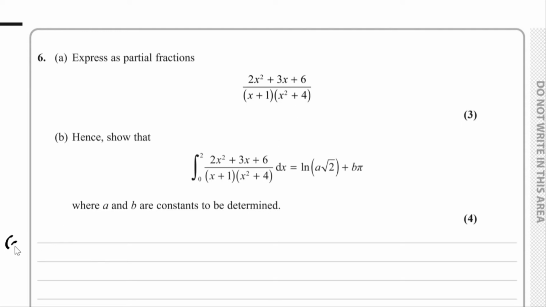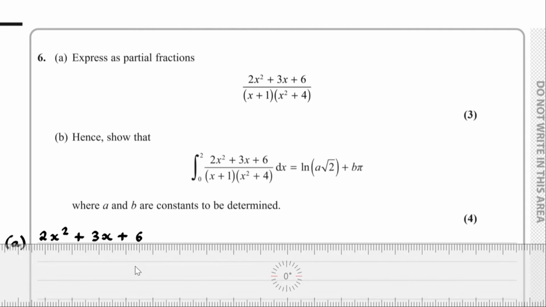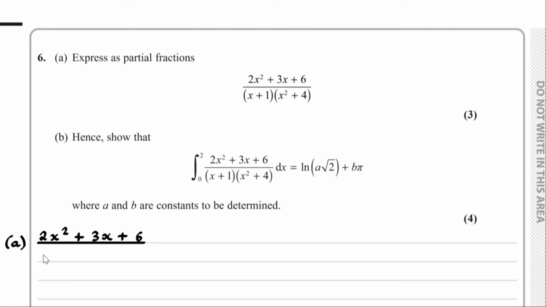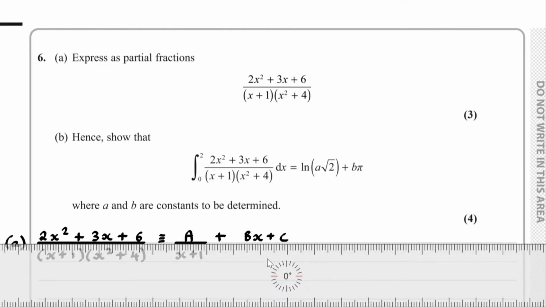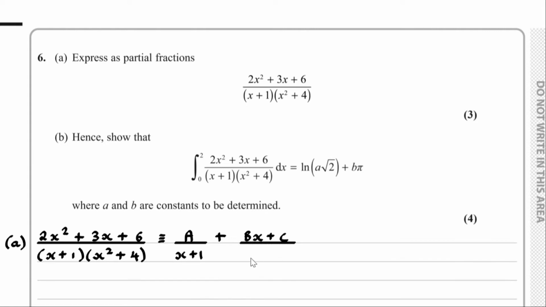So for part A, if we begin with 2x squared plus 3x plus 6 divided by x plus 1 multiplied by x squared plus 4, this will be equivalent to some constant a divided by x plus 1 plus bx plus c divided by x squared plus 4.